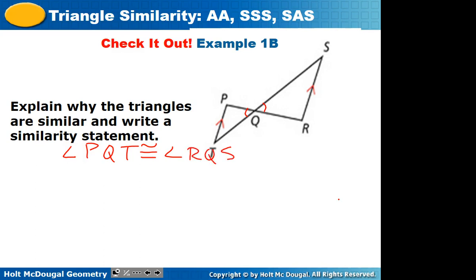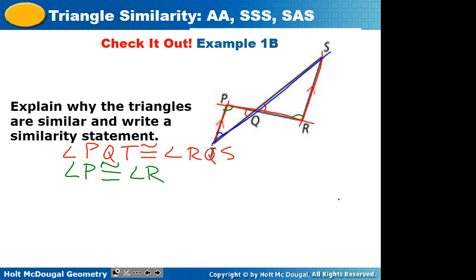Then I want you guys to notice that this side is parallel with this side, and this can be spoken of as a transversal. So as a result, angle P is congruent to angle R because they're alternate interior angles. And we do have another transversal here that crosses those same lines.